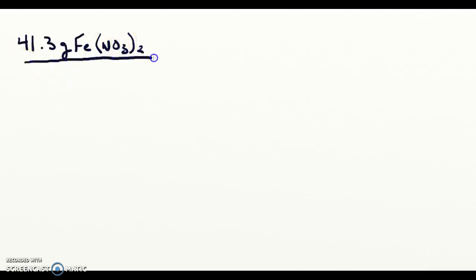All right, so let's start with our 41.3 grams of iron nitrate. There you go, and I'm going to use that 179.9, but remember, since there's grams in the numerator here, in my conversion factor I want the grams in the denominator. That means the moles, what I want as a unit, would go in the numerator.